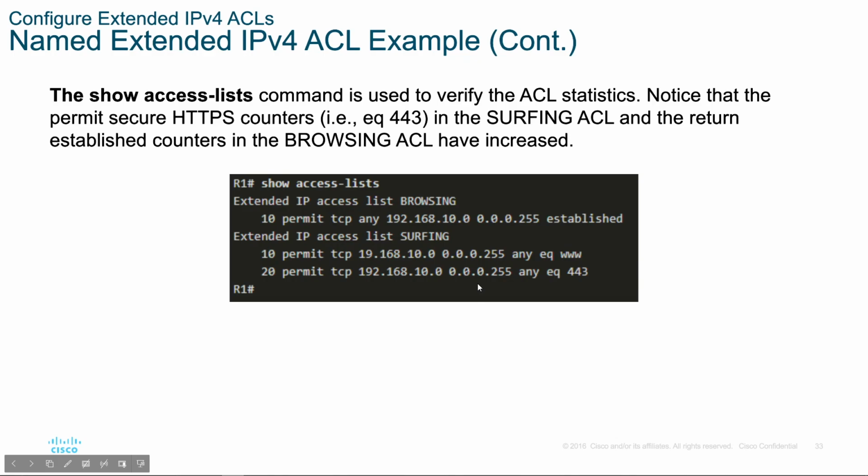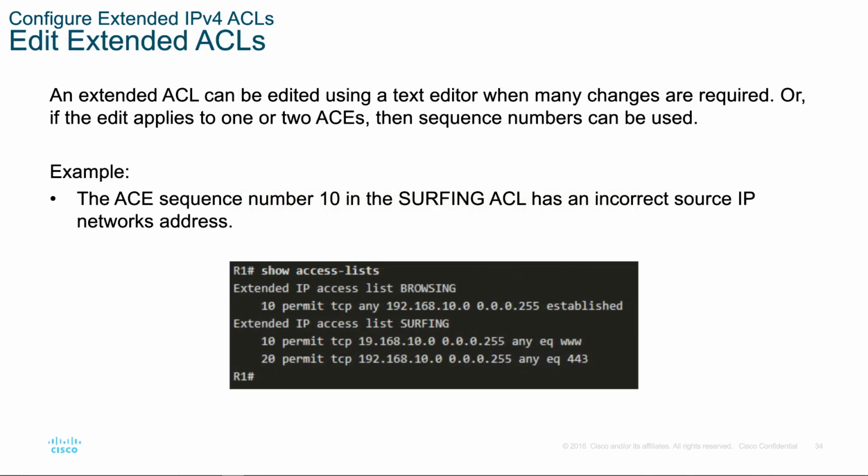We can see using the show access-lists command that each time we ping or connect to a web page, we would get more matches and the counters would increase. Again, you can clear the counters just like we went through last time. There's no difference between standard and extended ACLs as far as counters are concerned.